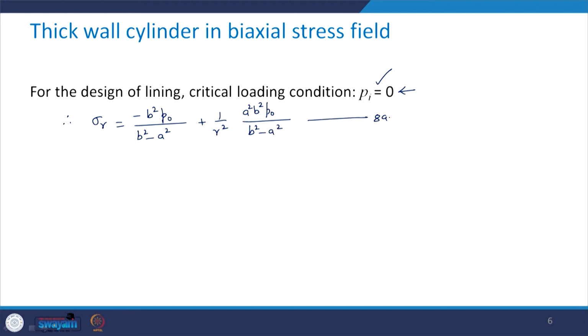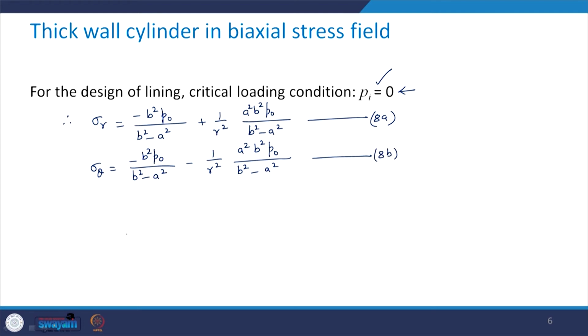That's equation 8a. And your sigma theta will be equal to minus b square P naught divided by (b square minus a square) minus 1 upon r square, a square b square P naught divided by (b square minus a square). This will become 8b.